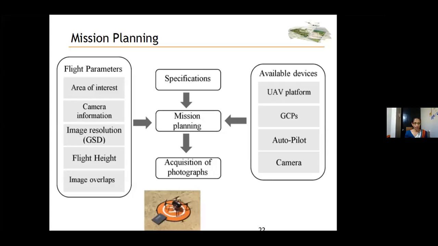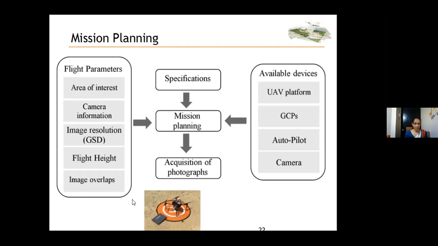Here you can select an area of interest, camera information, the GSD that you want, the height that you want to use to take photographs, and which overlap you want to apply. You can consider these things during the flight parameter selection process.